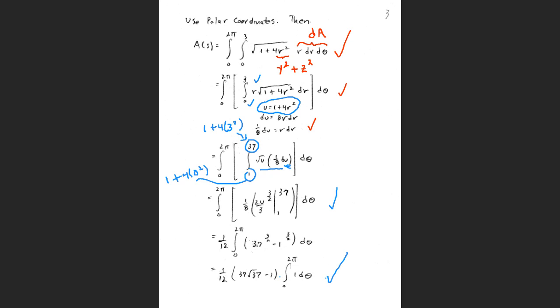I just do the inner integral, and then pull that out. 37 to the 3/2 is 37 root 37.